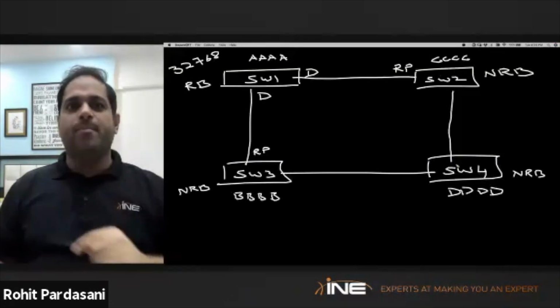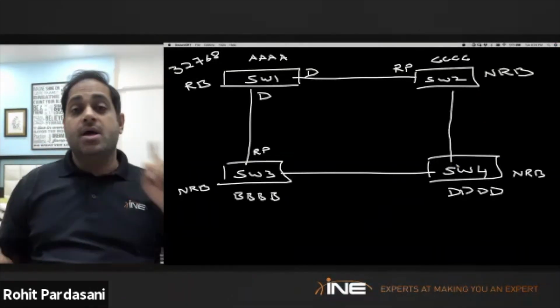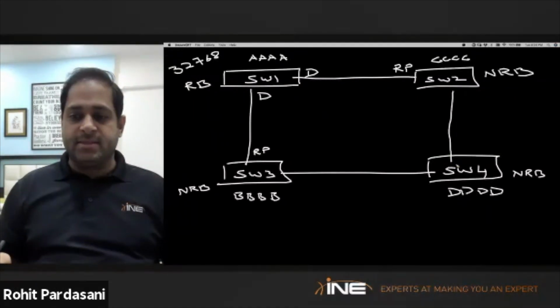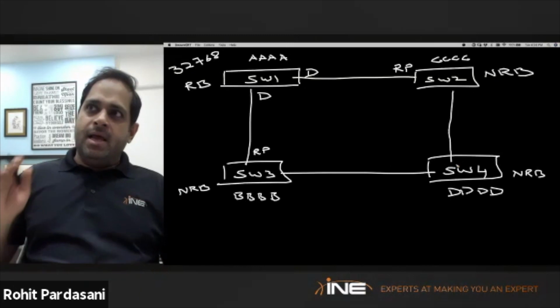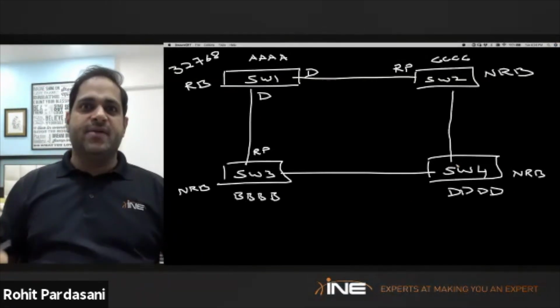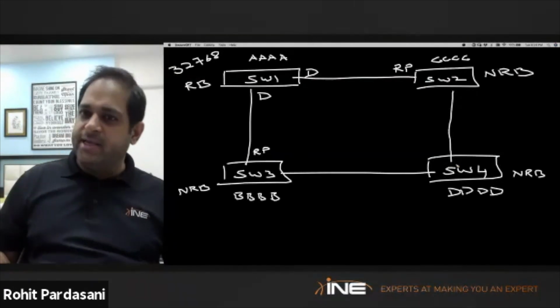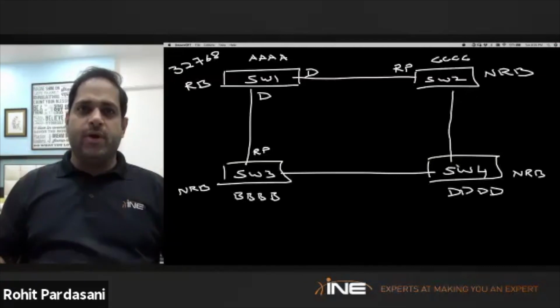It now compares bridge ID. Bridge ID of who? Neighbor. It compares the neighbor's bridge ID. So what's switch 2's system priority? 32768. What is switch 3's system priority? 32768. System priority is the same.